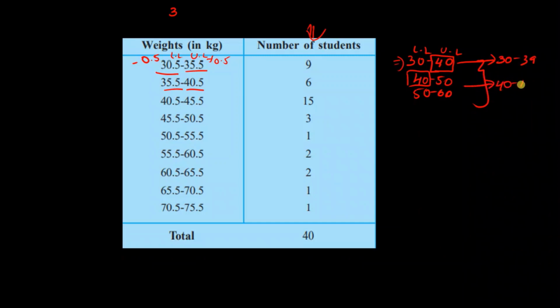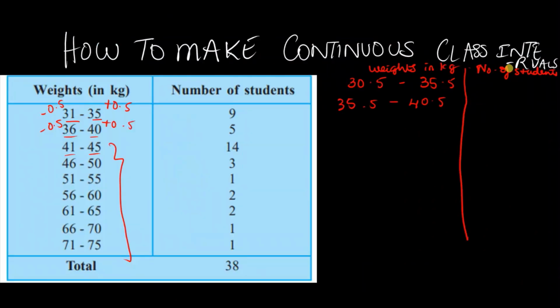Similarly here 40 to 49, here 50 to 59. The upper limits won't be included, but will be included as the lower limits in the next intervals. So we have got this, right? I hope you understood how we've converted it.